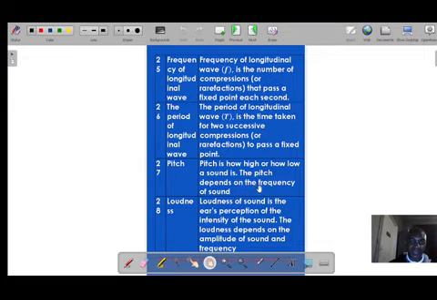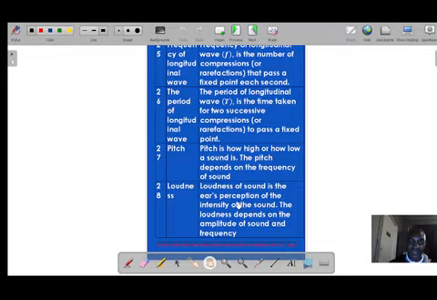The pitch depends on the frequency of the sound. In other words, the higher the pitch, the higher the frequency. The loudness of a sound is the ear's perception of the intensity of the sound. The loudness depends on the amplitude of the sound and the frequency.